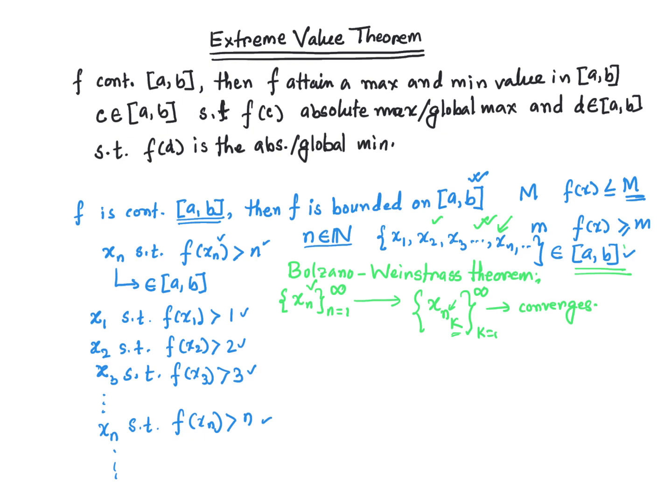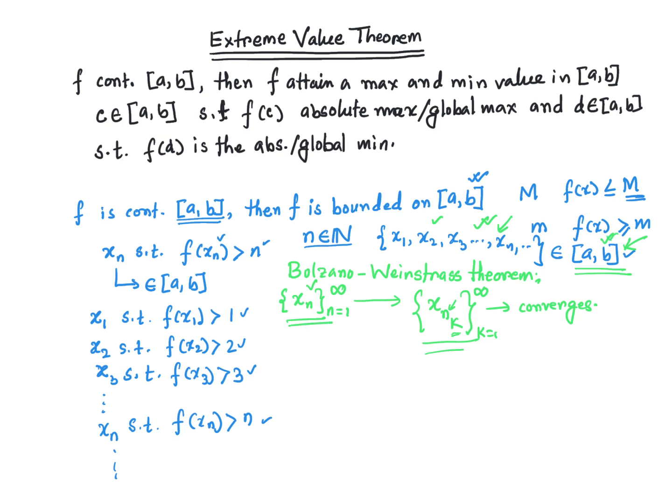Now, there is yet another thing you have to think about. For a closed set of real numbers, any sequence coming from a closed set converges to a point in that set. So this sequence is coming from this set, because the original sequence from which we derived it also comes from here.